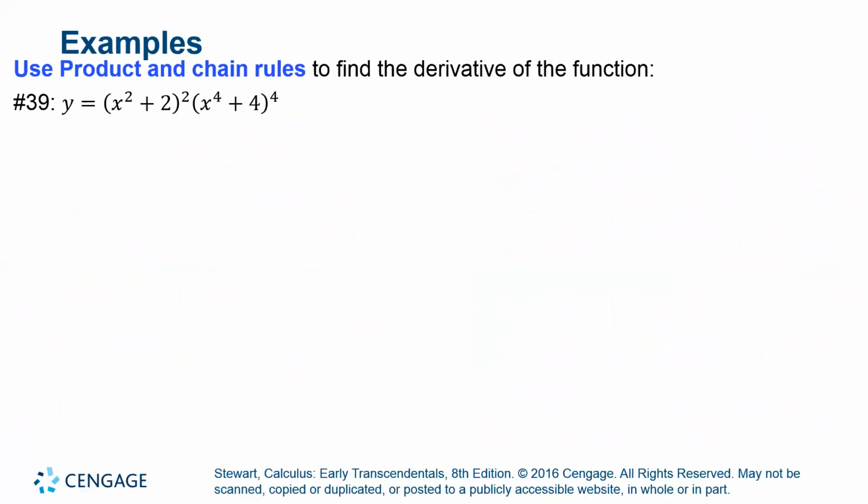The same question, but I'm using what? The product and the chain rules for here. Okay. So if you use the product rule, because this is a product of two functions, we have what? Y prime or dy/dx is equal to, keep the first one, (x squared plus 2) all squared, and differentiate this using the chain rule, which is 4 (x to the 4 plus 4) raised to the 3rd times the derivative of that, which is what? 4x cubed.